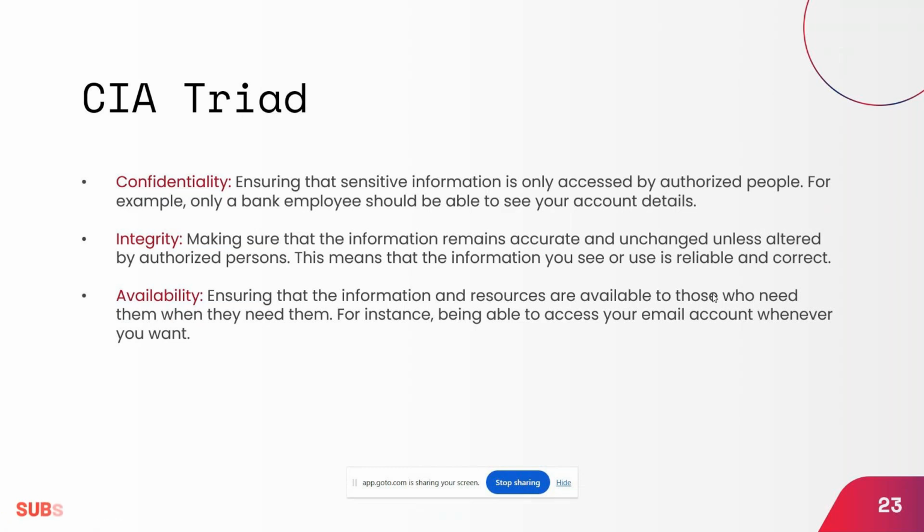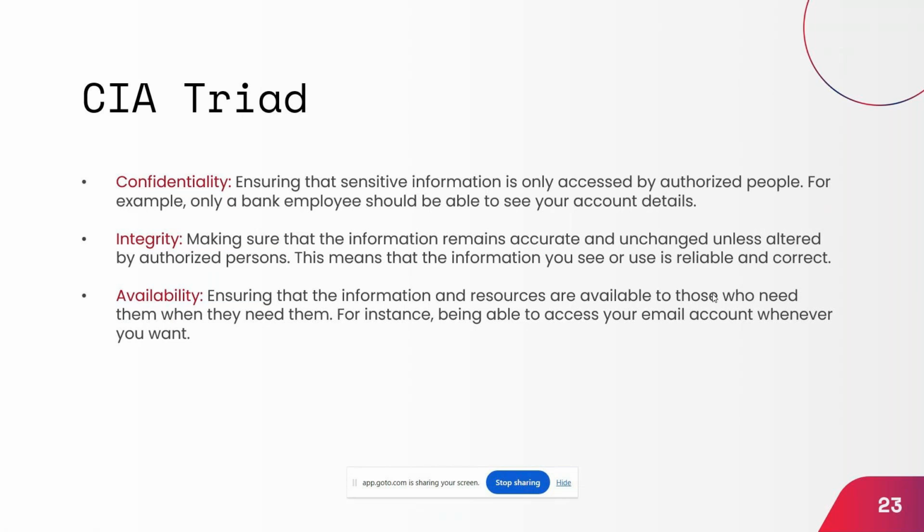So what are confidentiality, integrity, and availability? Let's learn these three terminologies first. What is confidentiality? Confidentiality ensures that sensitive information is only accessible by authorized people. For example, a bank employee should be able to see your bank details.